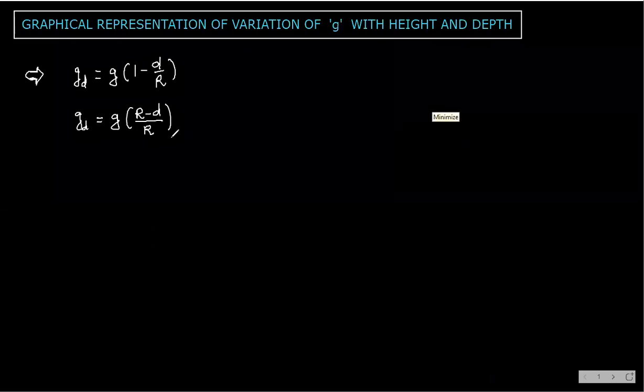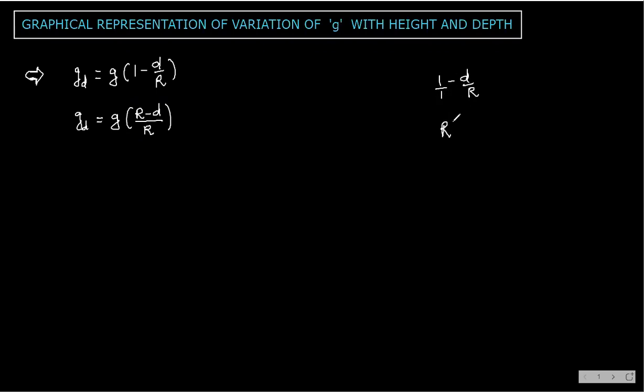Now see what I did. Did you understand this step? This is 1 minus d by R. Its denominator is nothing but 1.